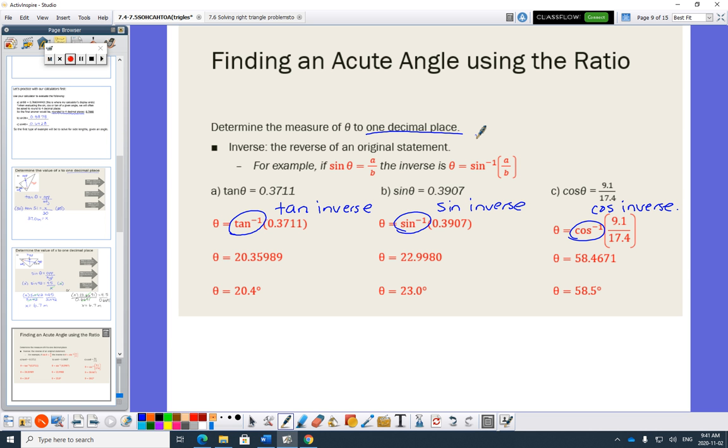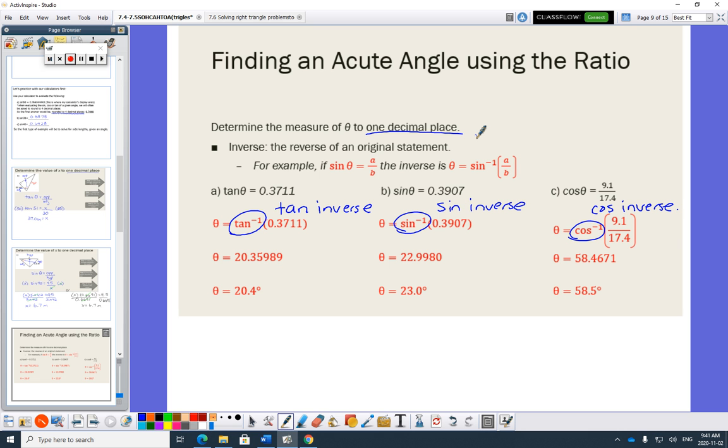So you can do it where you've got the number, or again, if you're the kind of student who likes to keep as many decimal places as possible, you want to do the smallest amount of calculator rounding, then you can actually put the ratio in your calculator. So you can do cos inverse, for example, and then some calculators will put brackets and some don't. Let's try this one. Push cos inverse.